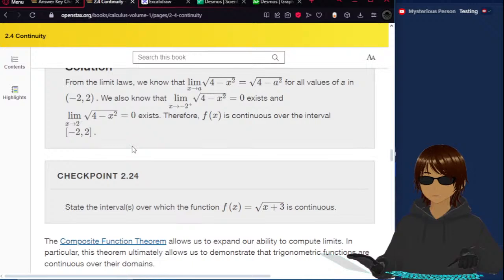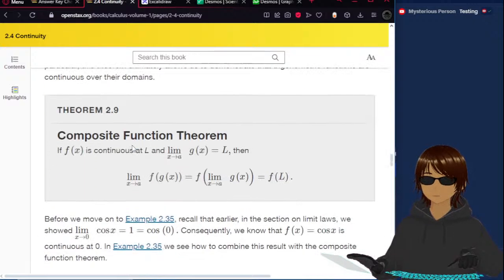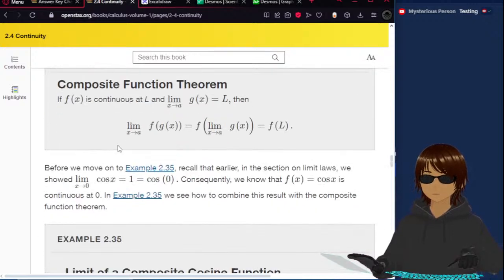If f is continuous and limit of x approaches a of g of x is L, then you can put the limit inside.